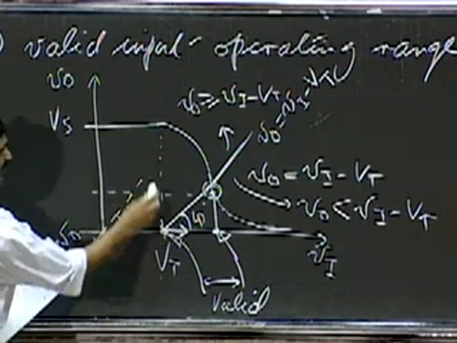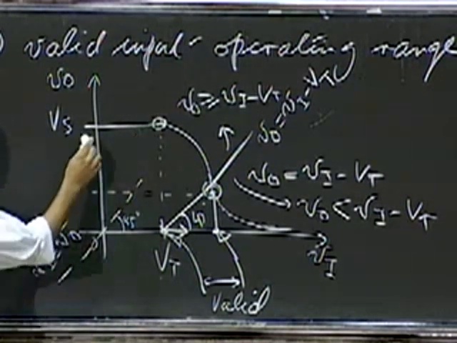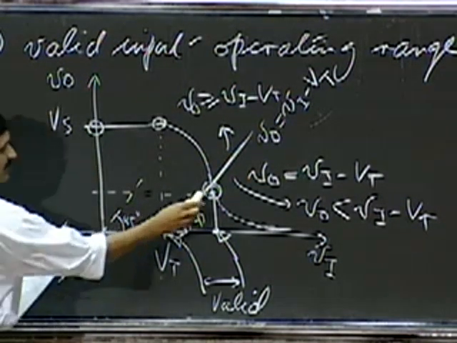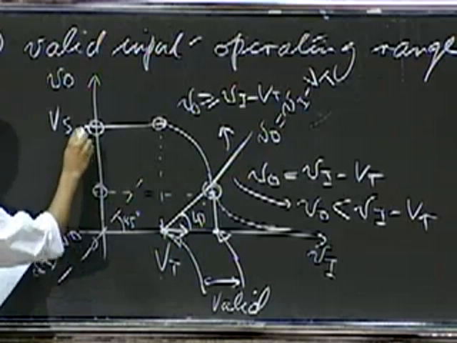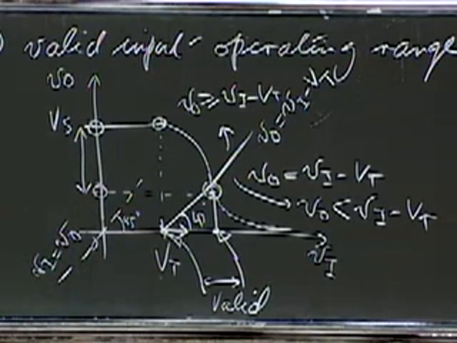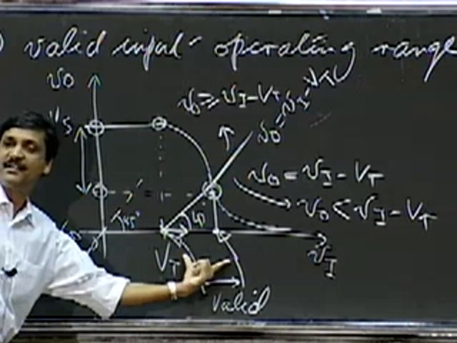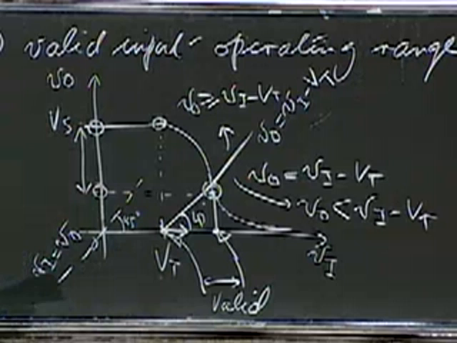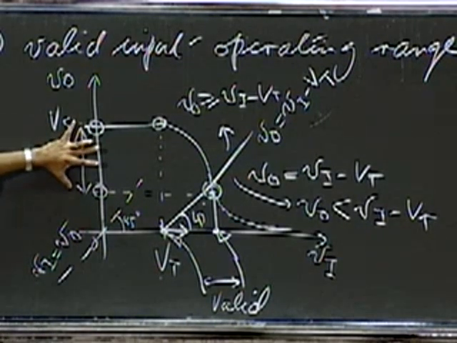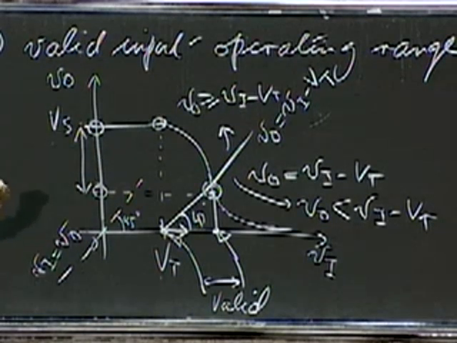And correspondingly, the outputs are from here to here, like so. So this is my valid input operating range, and this is the corresponding valid output operating range.